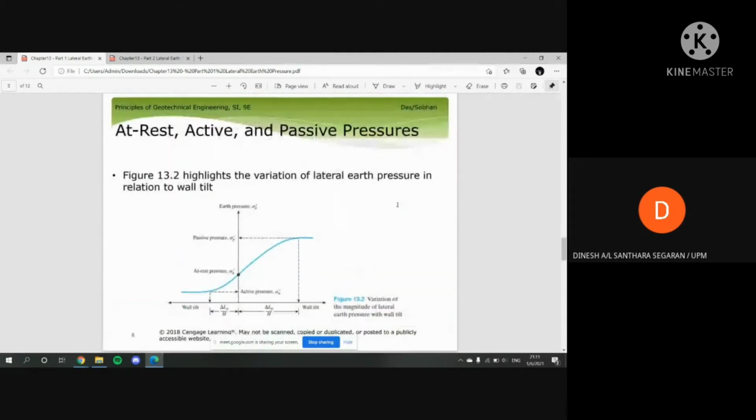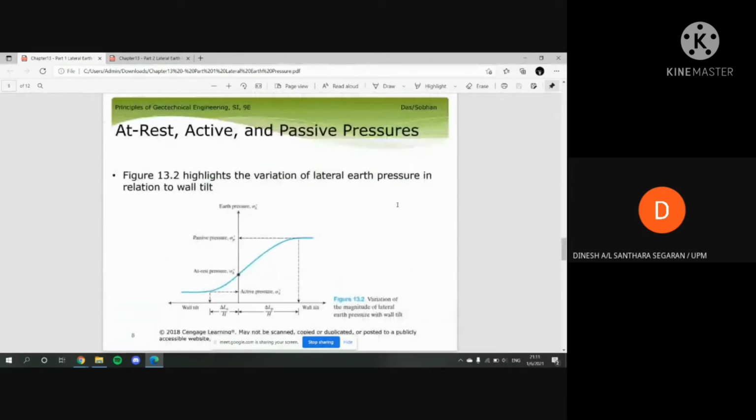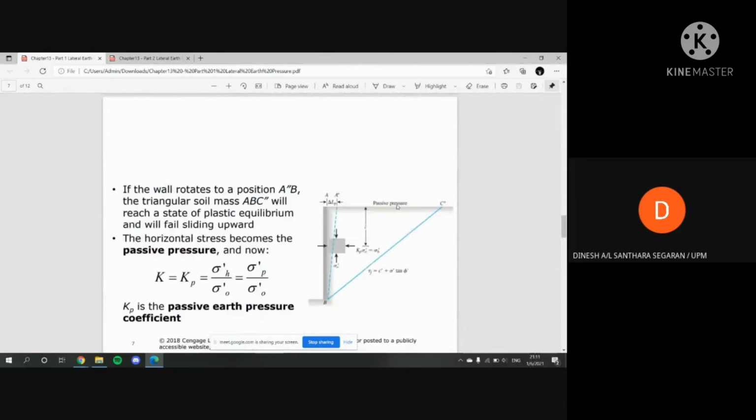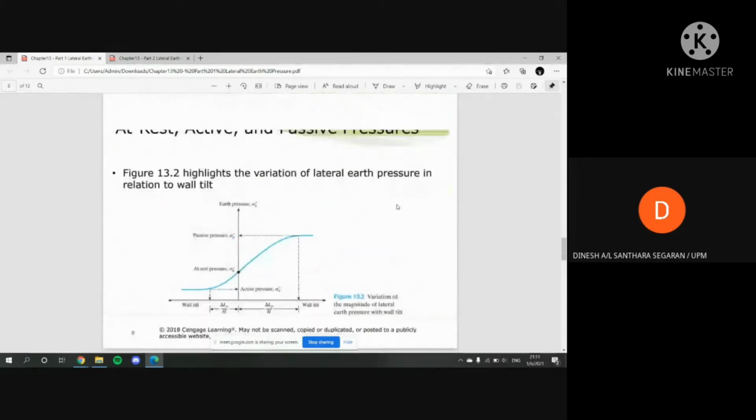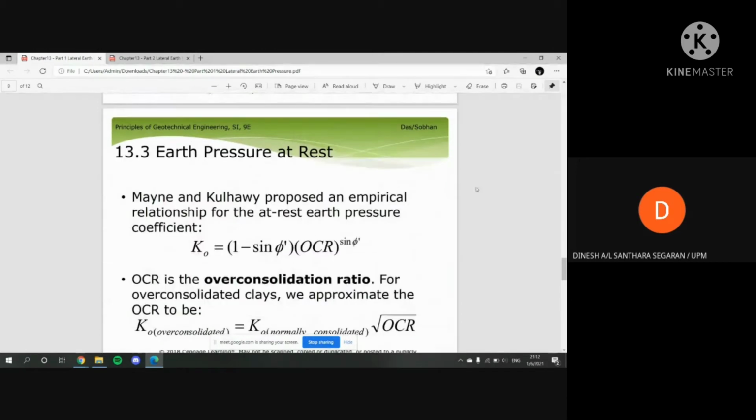Before that, I'll explain the at rest first. At rest earth pressure occurs when there is no wall rotation. Active earth pressure occurs when the wall tilts away from the soil. This one is also K0.